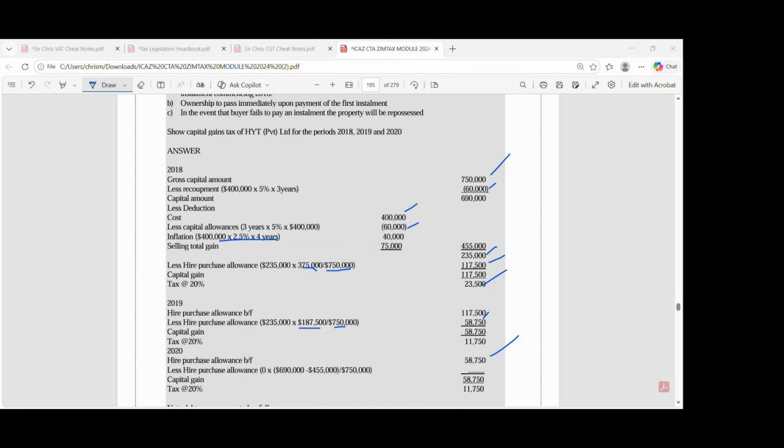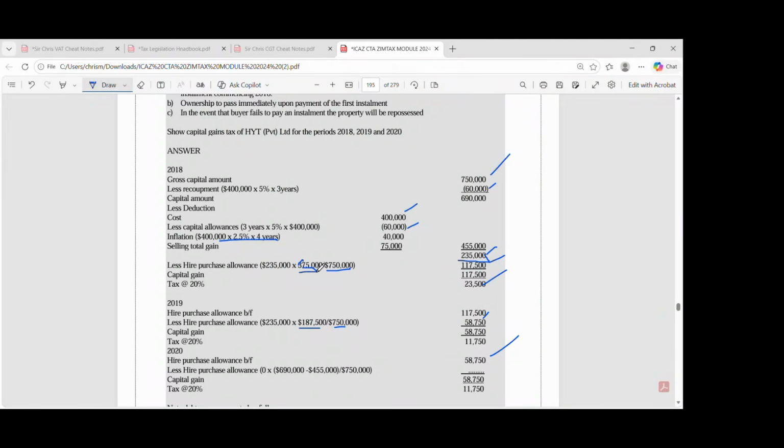So we say we are supposed to pay CGT on the 235, I have done my normal calculation. But the complaint is that on this 235, yes, it's 20% of 235, but of my 750, I have only received 375. So in this calculation, Prudence, the 375 is not the amount received.